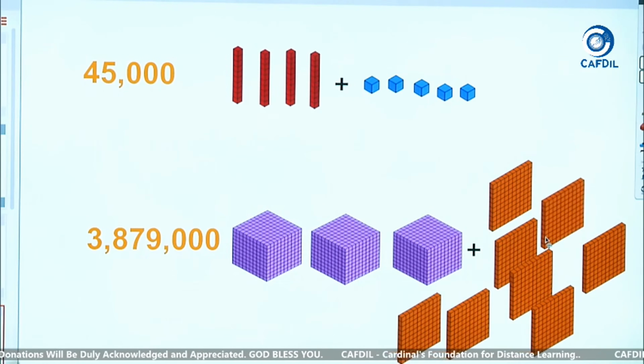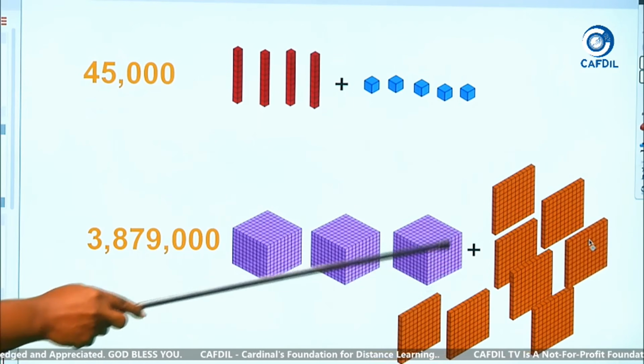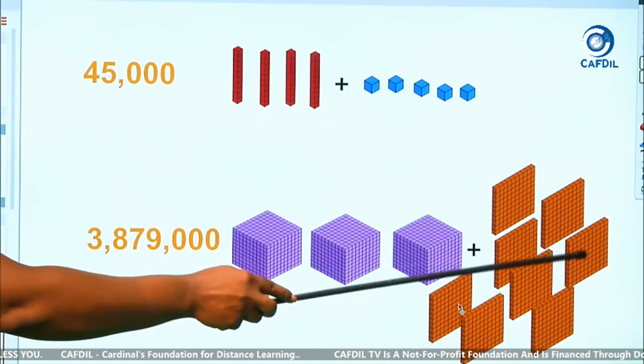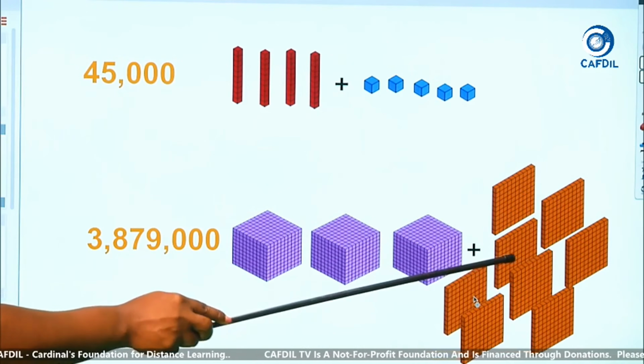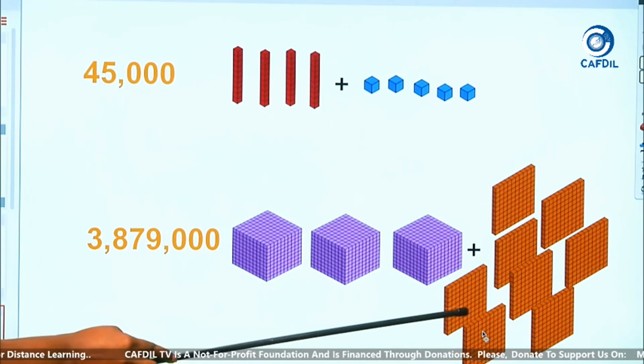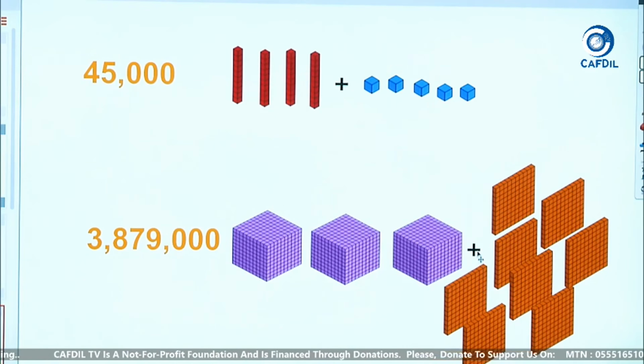Do we have 8? Let's count and see. 1, 2, 3, 4, 5, 6, 7, and 8. So we have our 800,000 there.